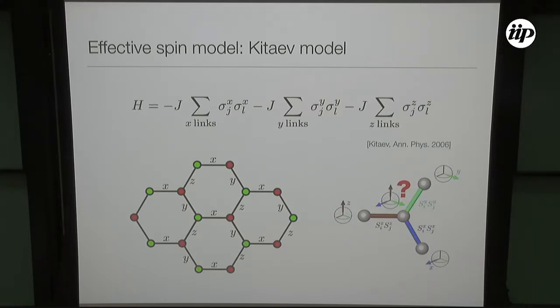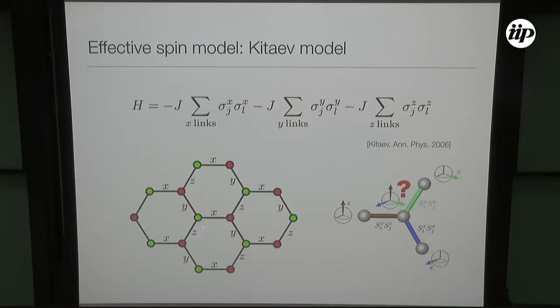The Kitaev model is a spin model. Here it's written in terms of Pauli matrices, so this is a spin 1/2 system. You have a spin 1/2 degree of freedom at each lattice site, but the interaction between nearest neighbor spins is not Heisenberg type; rather, you get an Ising type interaction that depends on the direction of the bond.